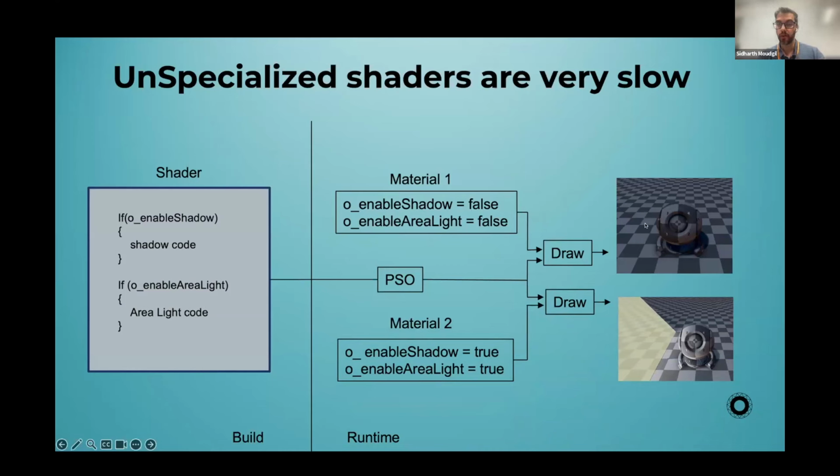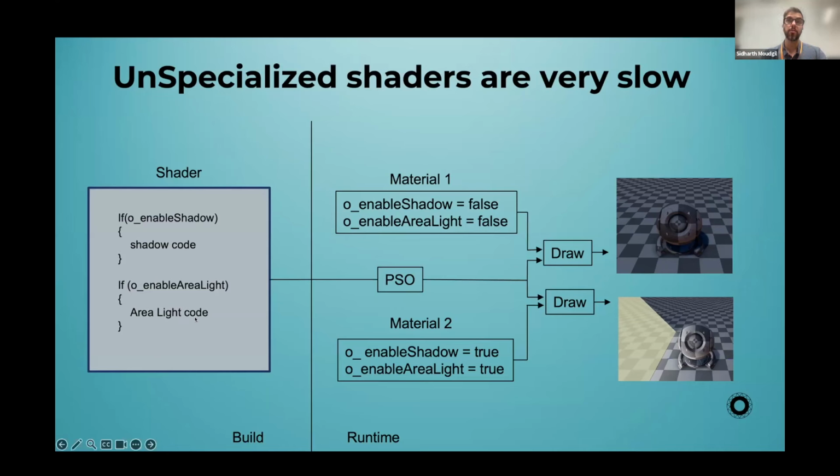In the first scenario, for material one, it's going to be really slow because it doesn't know that the material is not using any of the features. The driver doesn't know whether the code may be used or not, so it will still allocate enough registers in case it's going to be used. So even though there's a branch in the code, it will still allocate enough registers for the ALUs that will be used by the shadow feature and the area feature.